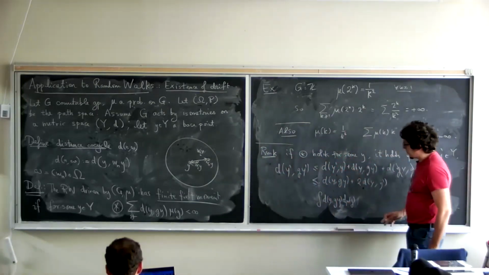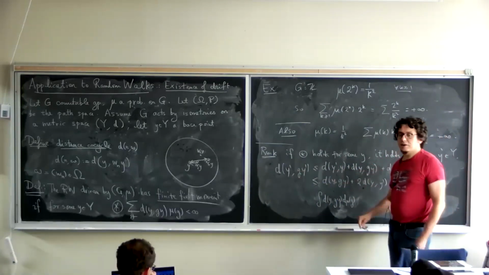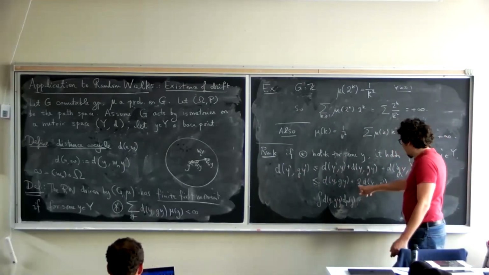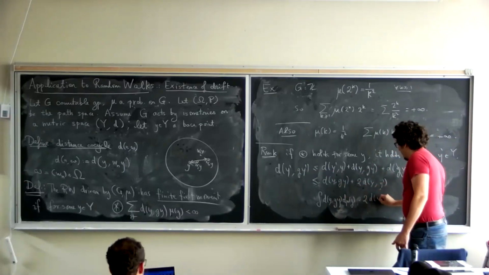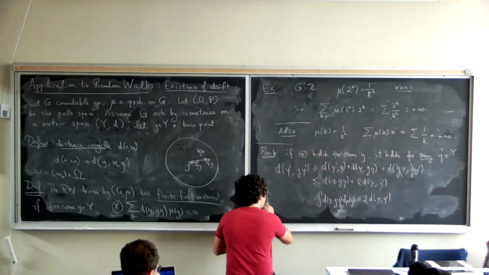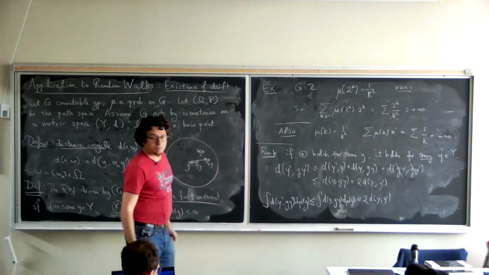If you're an analyst, maybe you prefer this, but in the end, it's just a sum. You integrate with respect to a probability measure, so the integral of d(y prime, gy prime) d mu g is less than or equal to this.